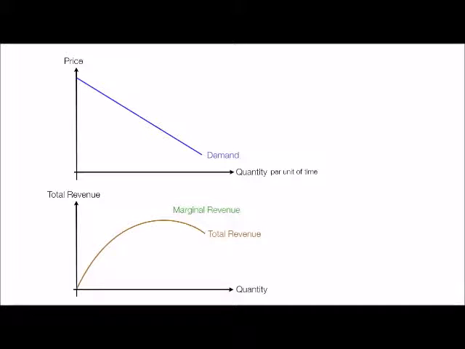My first level of quantity is right there, and my associated total revenue is right there, and I'll plot that across. So I have TR1. If the monopoly increases quantity to level Q2, right there, total revenues rise. So right there, total revenue 2.